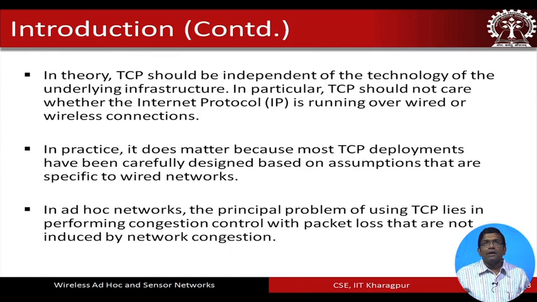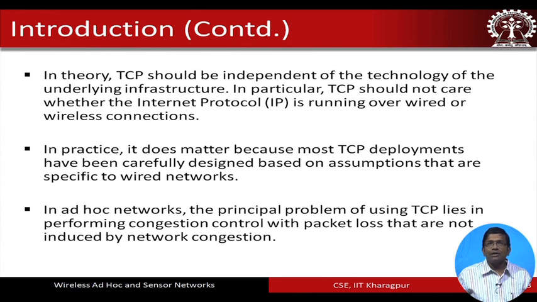In theory, TCP should not be dependent on the underlying infrastructure that is used. That means that whether one is using IP over a wired network or a wireless network, TCP should not be bothered about it. That is theoretically what should happen. However, in practice, most TCP deployments take into consideration some assumptions that are specific to wired networks.